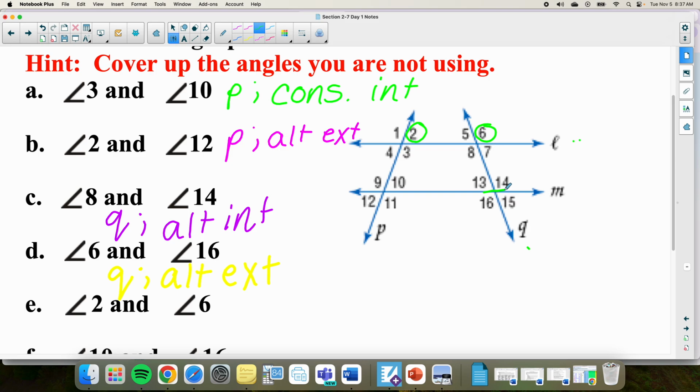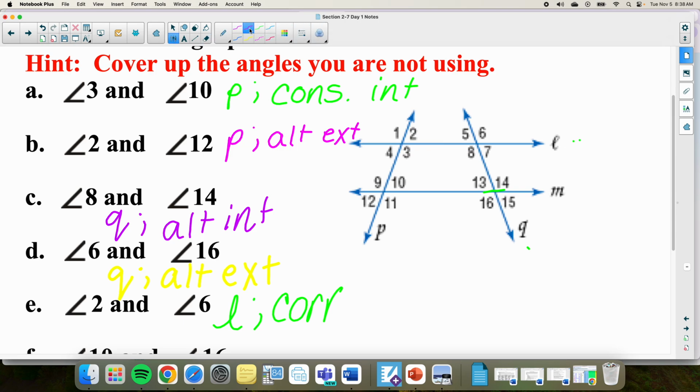You know how 2 is inside of the 2 lines and 6 is outside of the 2 lines? Usually if one's inside and one's outside, you want to think about, is it corresponding? Are they in the same position? And 2 is to the right of this line, so is 6. And 2 is above our transversal, and so is 6. Okay? So we're going to say L as well as corresponding, and I just do CORR for corresponding.